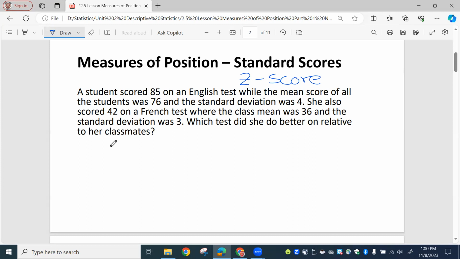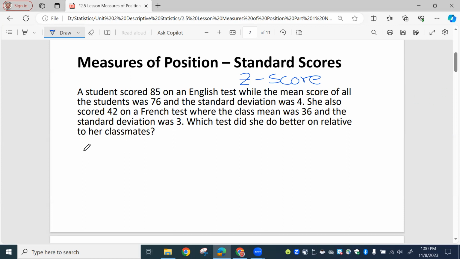And so we want to see which test they did better on relative to their classmates who also took the English test and the French test. It's hard to compare a score on a test in one class or one subject to a test in another subject. A lot of times they're very different. Their levels might be different. But one way we can do that is by standardizing those scores using a z-score and then measuring their position relative to the rest of the class.